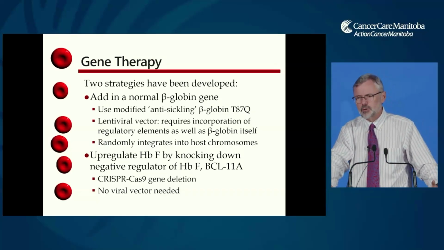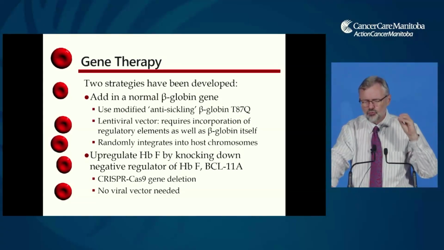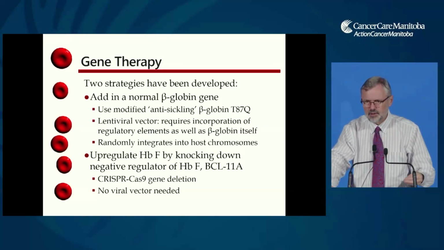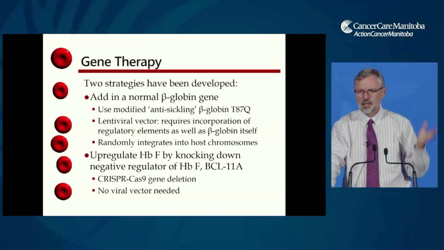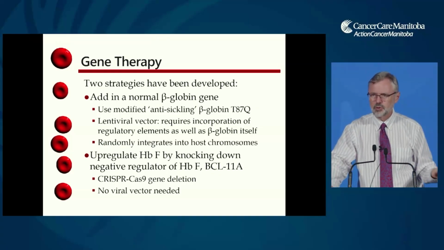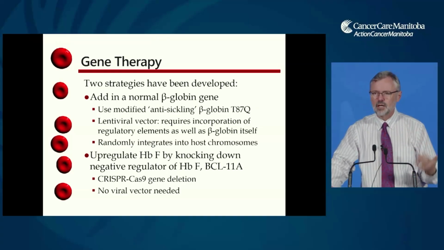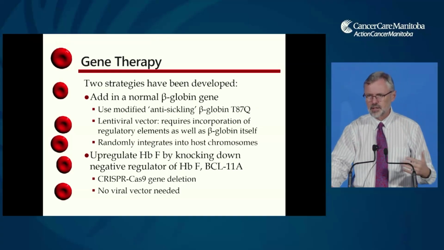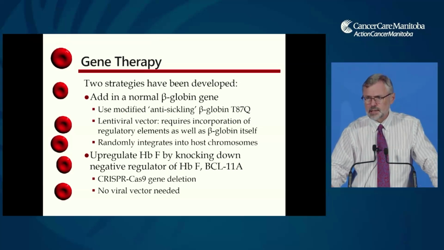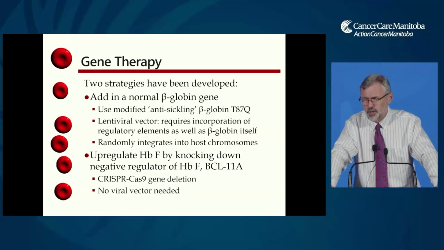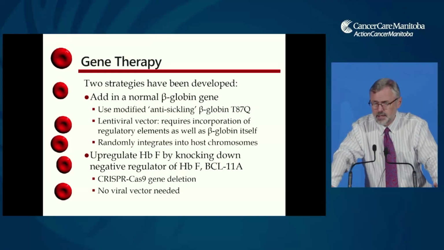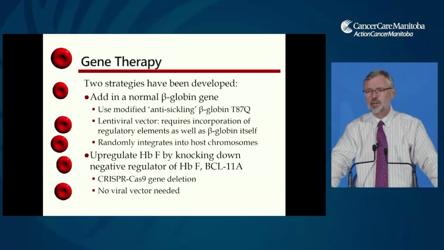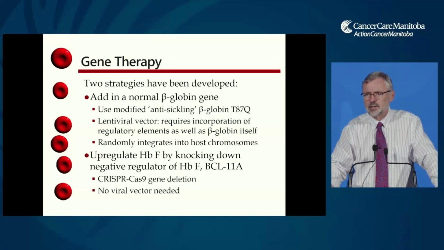But I think the more interesting one is the one where you modify the regulation of that fetal hemoglobin that Katie was explaining, that you have when you're a fetus in your mother's womb, that inhibits the sickling, the polymerization of hemoglobin S. So the more hemoglobin F you can get, the less sickling you have. And if you get the F up towards 50%, the sickling goes away completely. And this uses this very high-tech thing of CRISPR-Cas9 to edit the genome. Very exciting stuff.